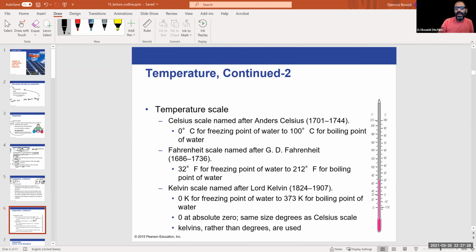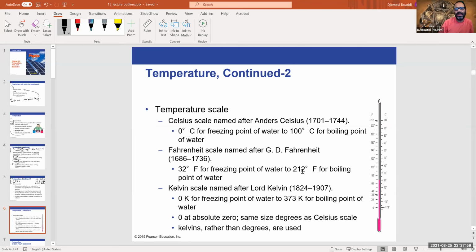Okay. So again, in a lot of the cultures in the world, they use the centigrade. And people in the United States, and I think in Britain also, use this Fahrenheit system. Water freezes at 32 degrees Fahrenheit, and here it's 0 degrees Celsius.